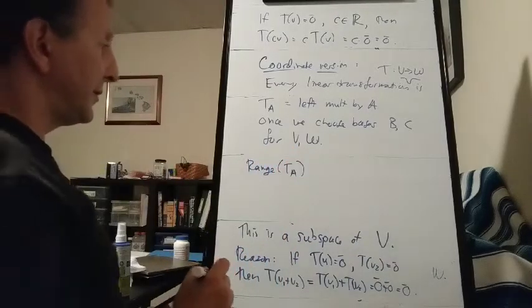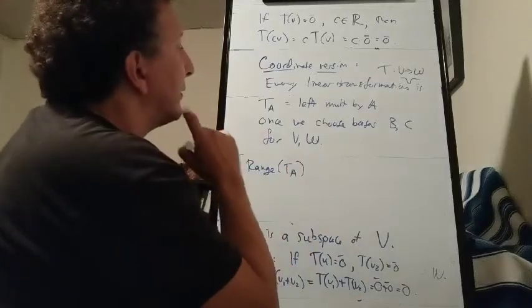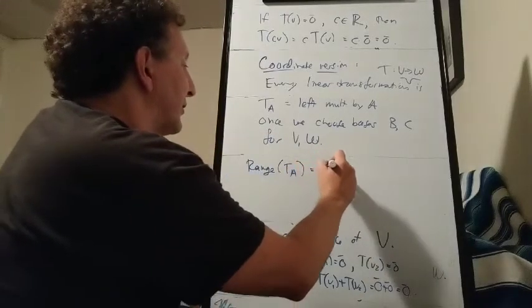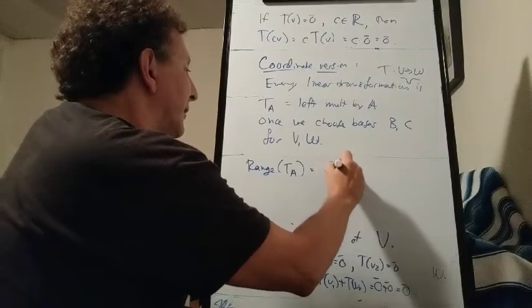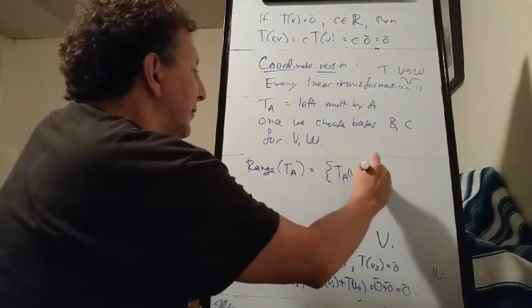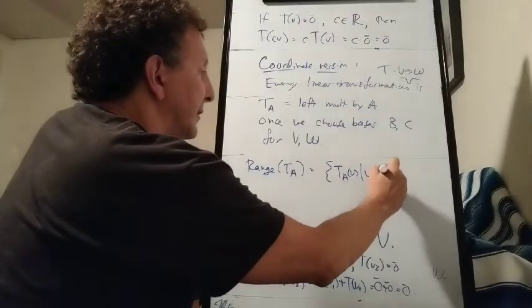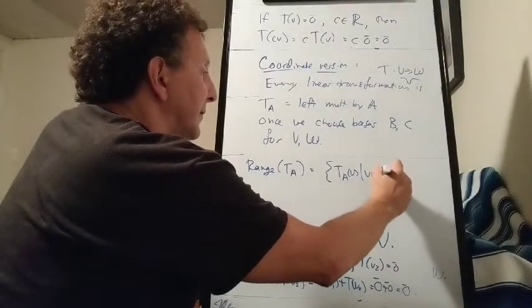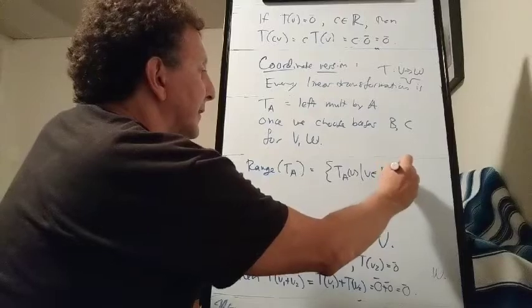The range of T_A equals the set of all T_A of v for v in R^n.